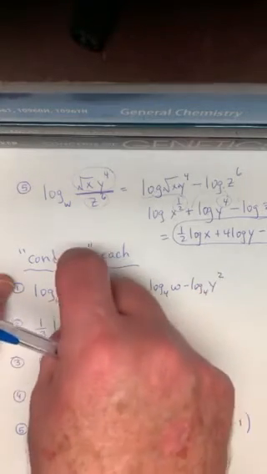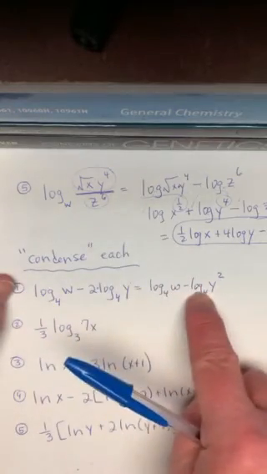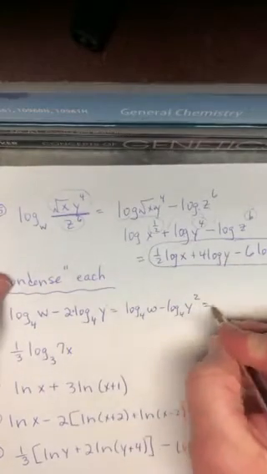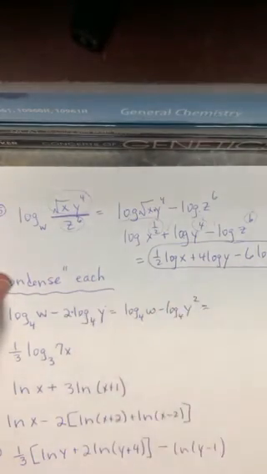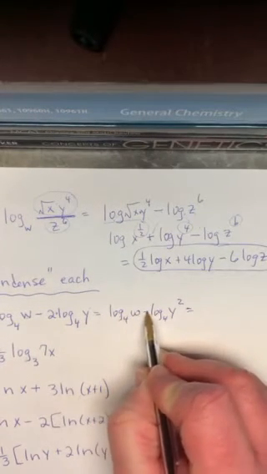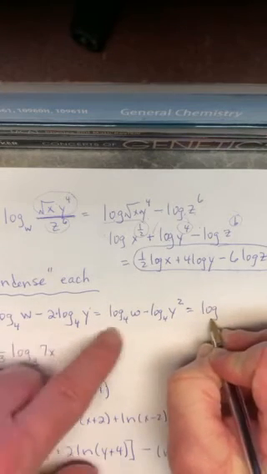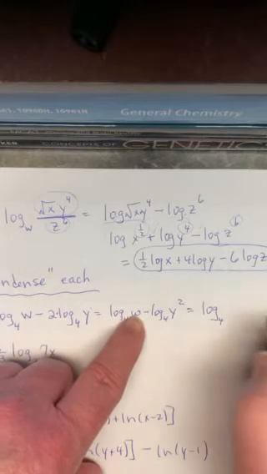Remember when I had a quotient, it turned into a subtraction problem? And since we're working backwards and condensing, I'm now going to take the subtraction problem and condense it back into a quotient. Because this is really the log of m minus the log of n. So it's going to be the log, notice base 4, of what?